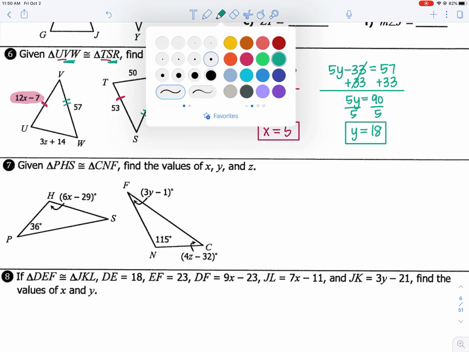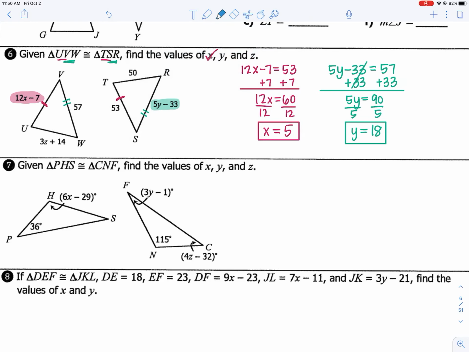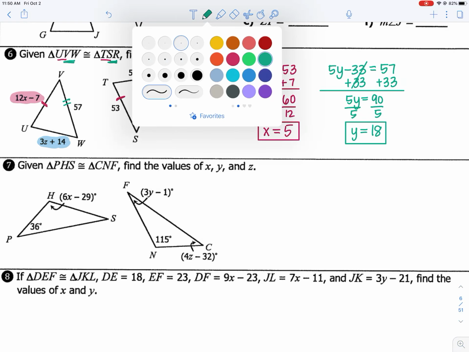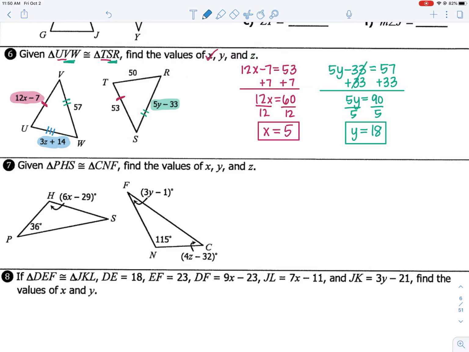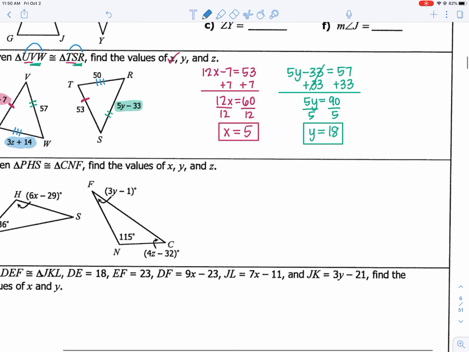Okay, then our last one, let's do blue. So we want to find z. So z is on side UW. Put 3 tick marks on that one because it's the third one I'm doing. So really the only side left is RT. If you wanted to check that, RT goes with WU. So we can set those two measures equal to each other. So 3z plus 14 equals 50.